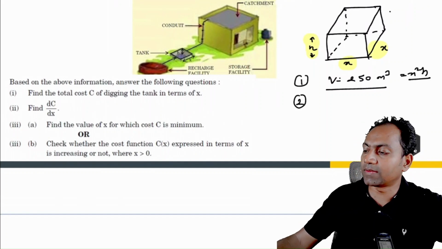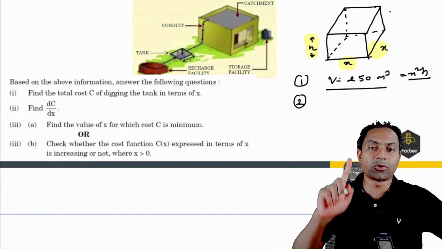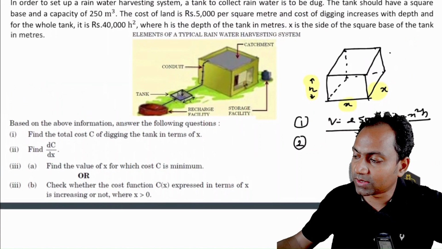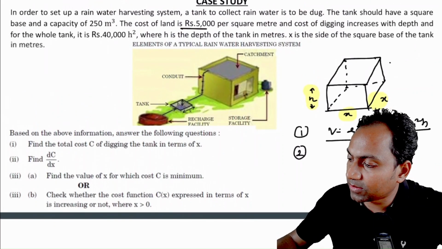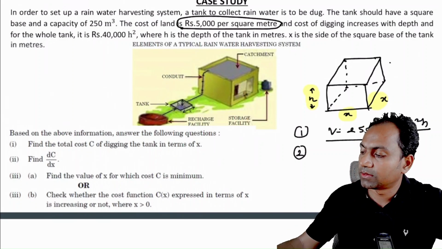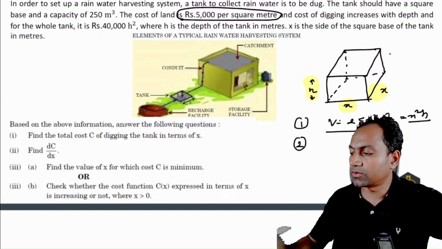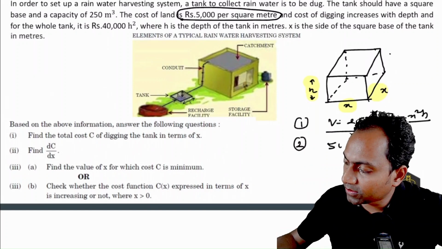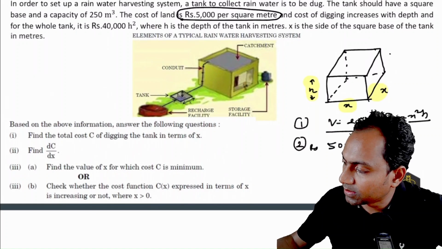Another thing that they have given is basically the cost of the land. So now there are two things that might contribute to costing of this tank. One is the piece of land that you're buying, and that is nothing but 5,000 per square meter. This is the cost of the land. So there are two costing elements. One is this cost of the land they are talking about. That costs nothing but 5,000 rupees per square meter.